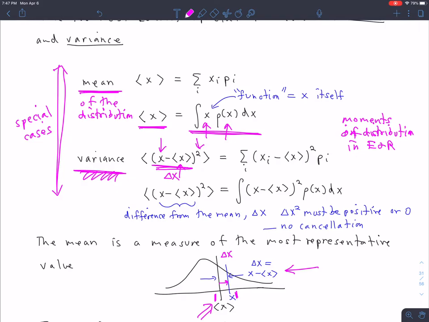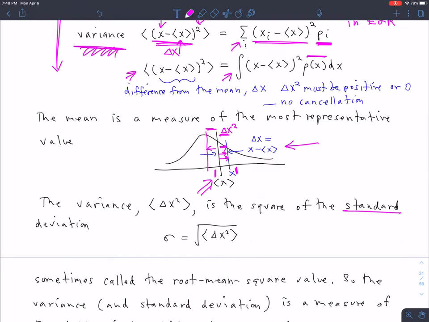And I square it because I want to add up these differences, but I don't want them to cancel. I don't want a difference over on this side to cancel this difference. And the way I prevent that is by squaring this guy, which makes them positive on both sides, no matter which way the difference is. And then I add those guys all up, weighting each one of them by the appropriate probability, or in the continuous case, weighting it by the probability density. And I either do this sum or I do this integral, and that gives me the variance.